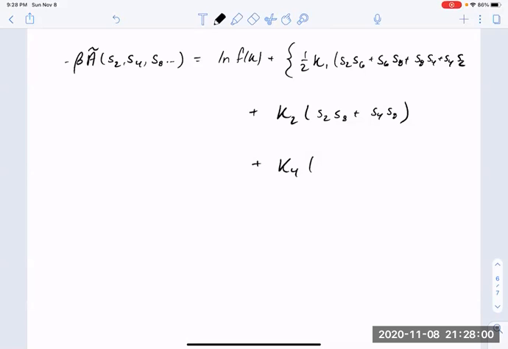Therefore the simplest interaction, in addition to those pair interactions, would be a fourth-order interaction that multiplied 2, 4, 6, and 8 with each other. So those are all those terms associated with integrating out spin 5.